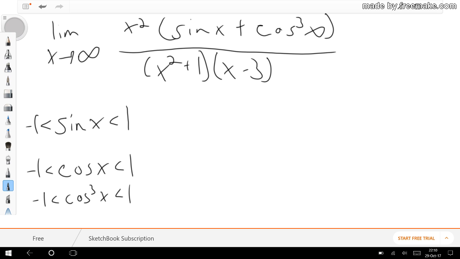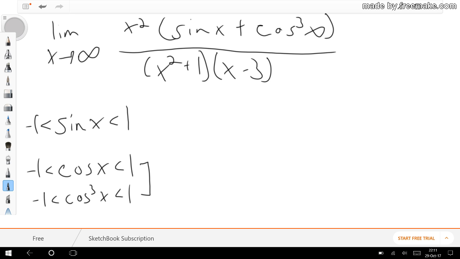If you weren't able to follow how I got between these two steps, then just take x to the power of 3 and figure out what happens when you plug in things like -1 to 1 and things like 0.2. You'll figure out that this is true. All right.